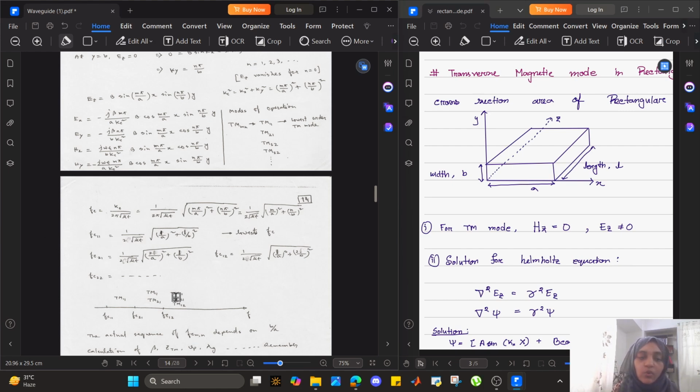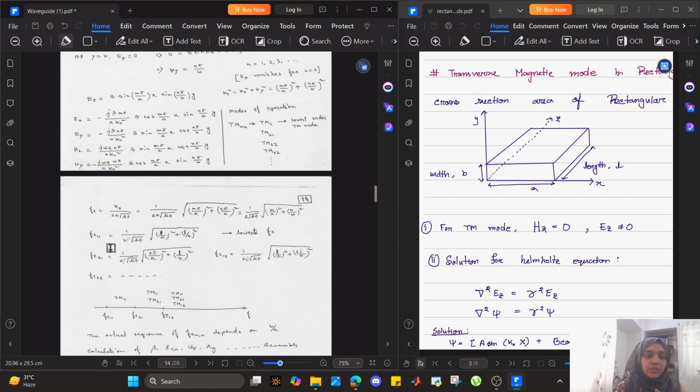And if we want to go to a higher order mode, like the second or third mode, operating in the TM third mode or fourth mode, we also have to increase the cutoff frequency. Suppose we want to operate in the fourth mode, we have to make sure our operating frequency reaches the corresponding level so that it can operate in the fourth mode.